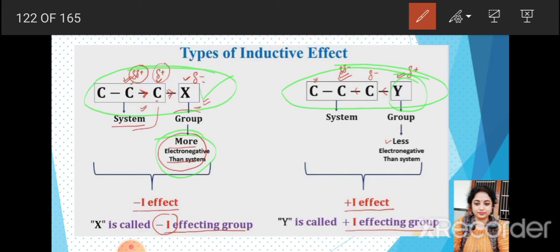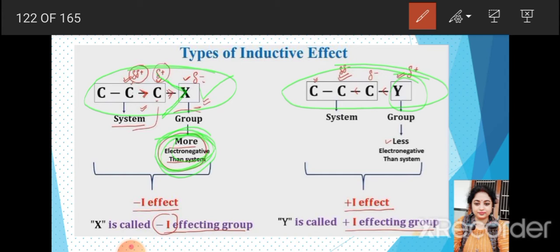If the atom is more electronegative than carbon, the electron pair of the sigma bond is displaced towards the electronegative atom. Here, as I am saying that X is more electronegative, electrons will be attracted towards X. The pair of electrons of the sigma bond will be displaced towards the electronegative element.